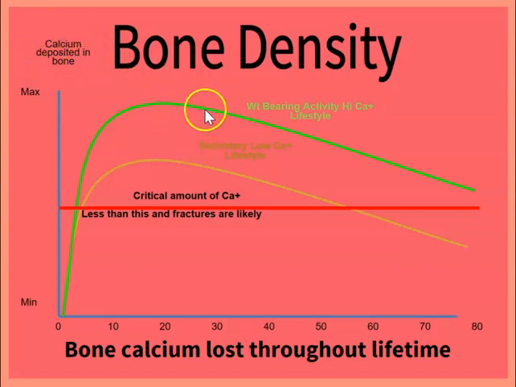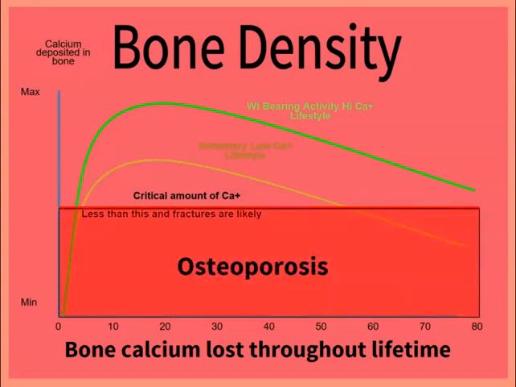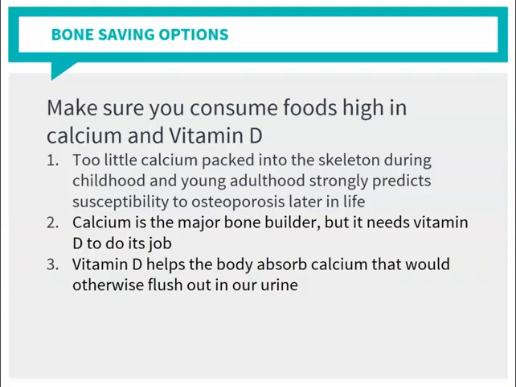So when they're around 30, they still start to see a decrease, but look, they have so much more that it's going to take them a really long time before they're at those dangerous levels. And during this time, we don't just sit and do nothing. We continue to build so that we prevent getting into this area where we're more likely to have osteoporosis.